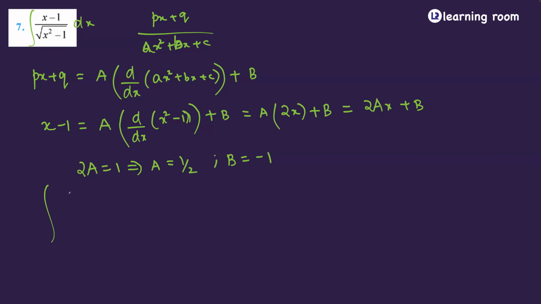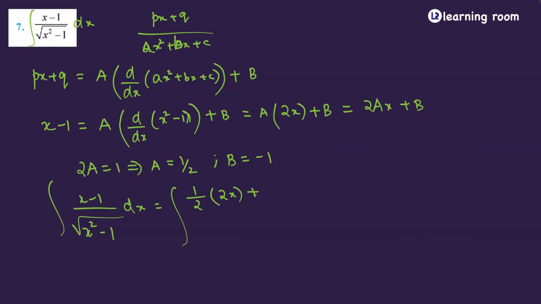So integral of x minus 1 divided by root of x square minus 1 can be rewritten as integral of half into 2x plus, b is minus 1, the whole divided by root of x square minus 1 dx.